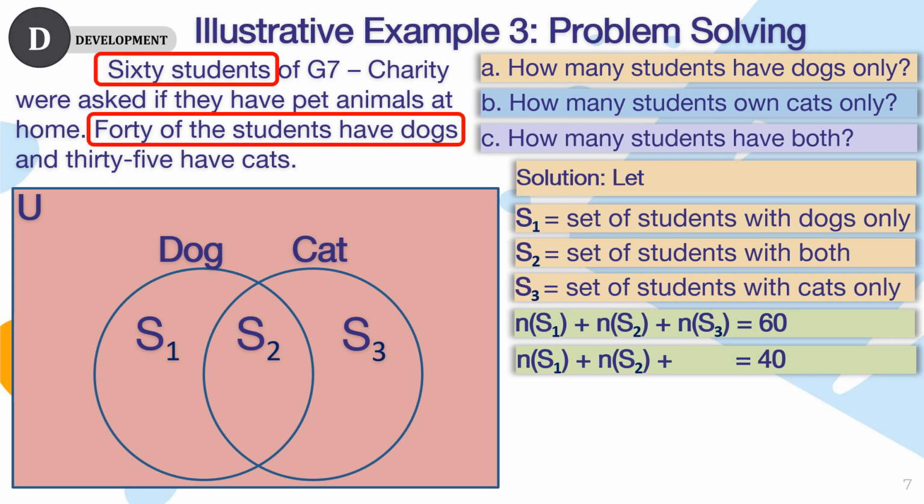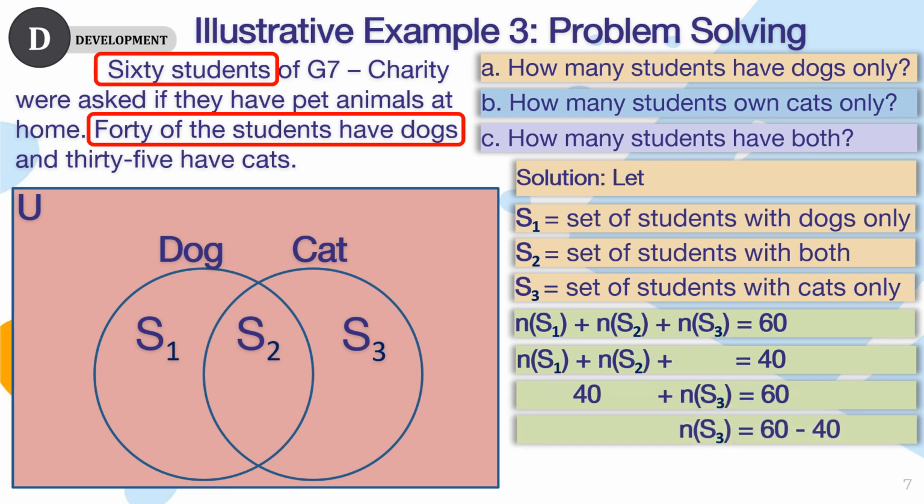Since the cardinality of S sub 1 plus the cardinality of S sub 2 is equal to 40, we can replace it in our first equation. Then we have 40 plus the cardinality of S sub 3 is equal to 60. Now, to solve for the cardinality of S sub 3, we just simply subtract 40 from 60, and the answer is 20.